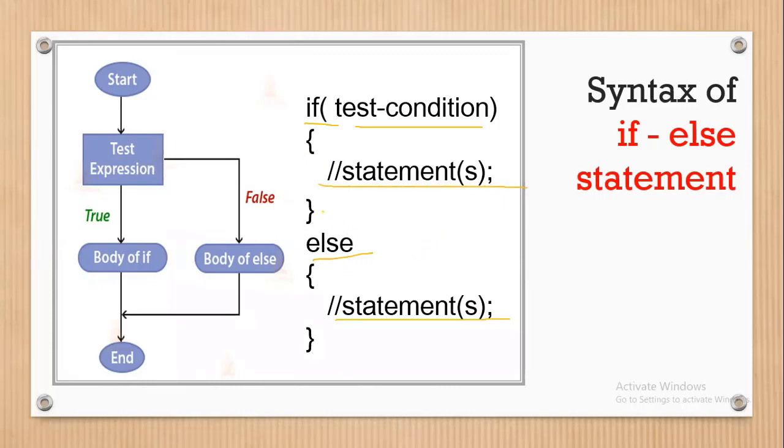If the condition is false, then else will be executed. In this, either if will be followed or else, not both together. If the condition is true, the statement of the true block will be followed. Otherwise, else will be followed, but not both together.